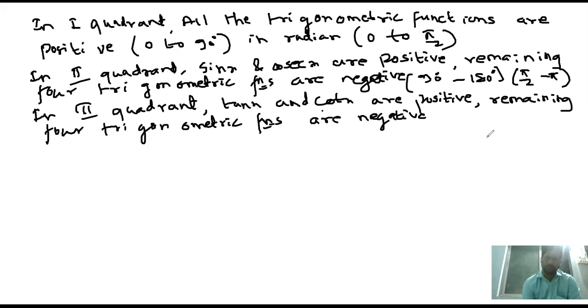In this quadrant, the angles lie between 180 to 270 degrees, in radians pi to 3 pi by 2.